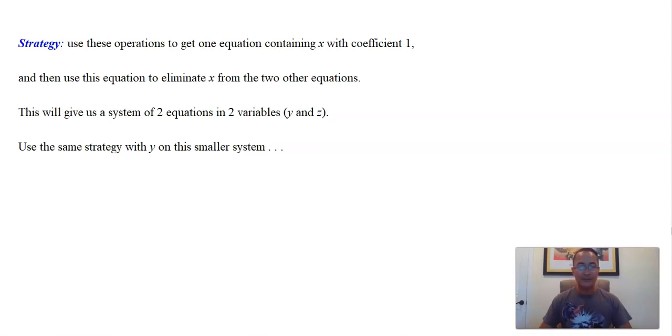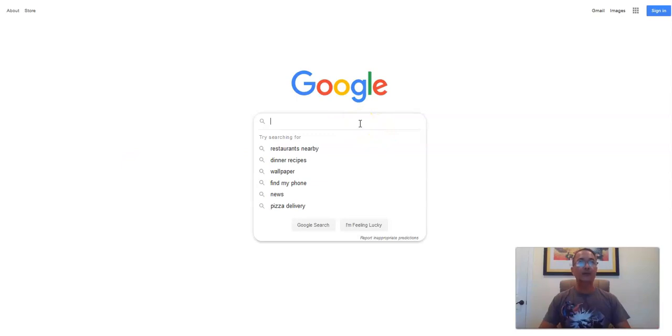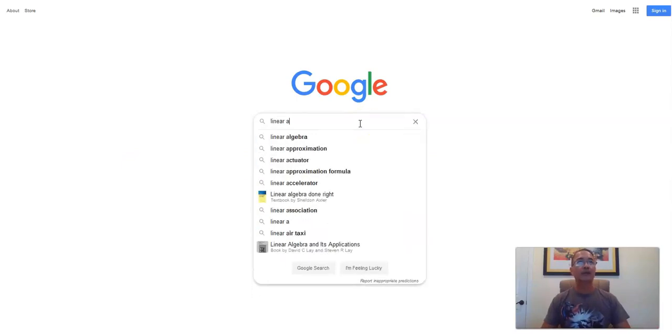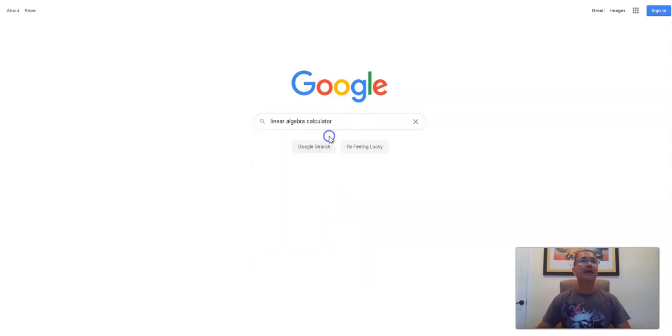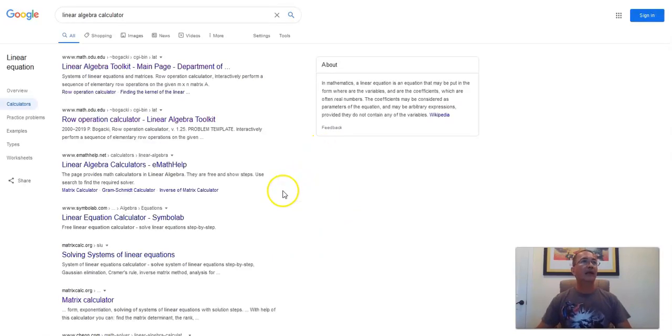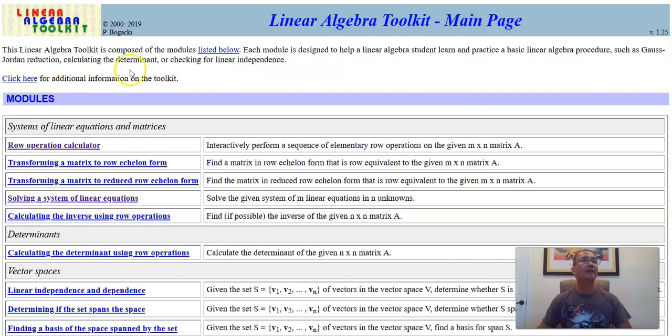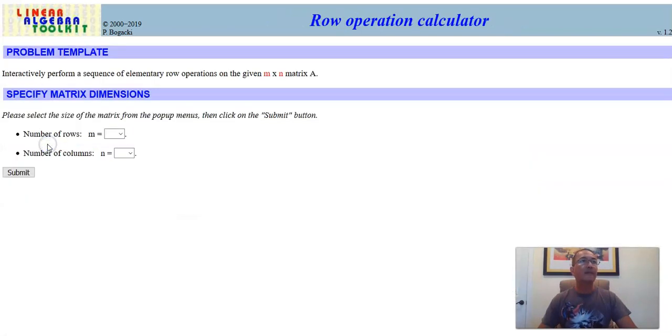Let's go over there. Okay, so on Google, search for linear algebra calculator. And the first hit that you get here is what we want. All right, so there are lots of good things that you can do on this web page, and this is the routine that we are going to use.